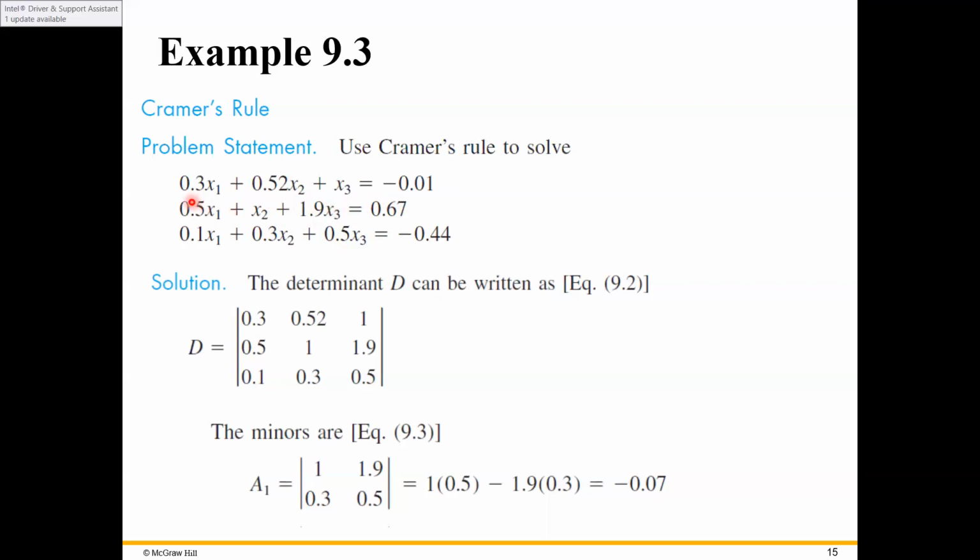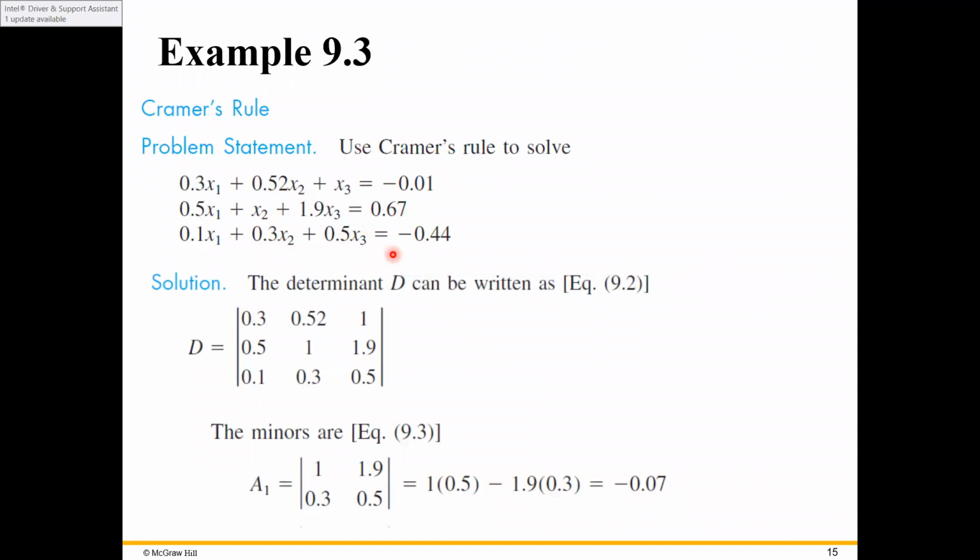For example, instead of 0.52, I take it as 0.5, and instead of minus 0.01, I just take 0 over here. Or maybe instead of 1.9, I take 2, and instead of 0.67, I take 0.7, very close values.